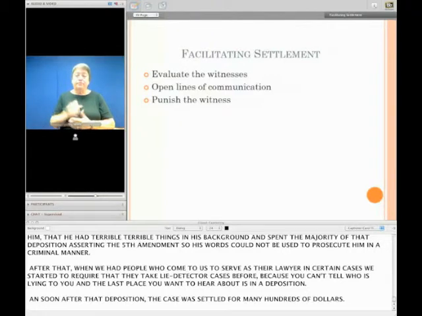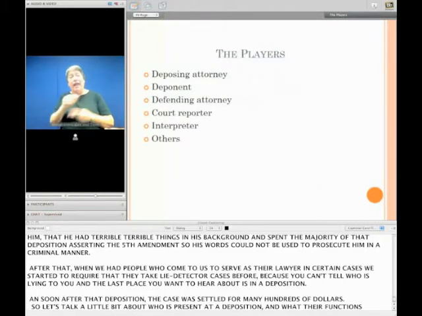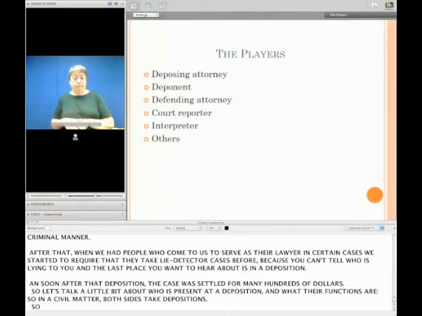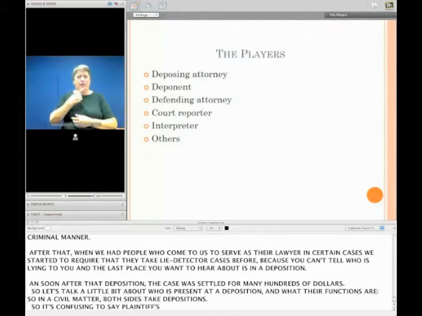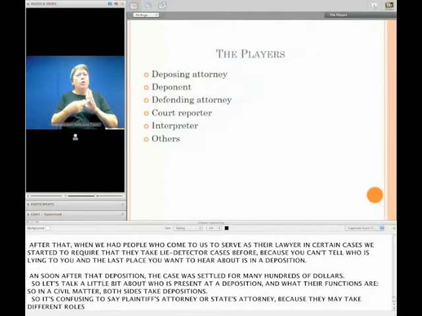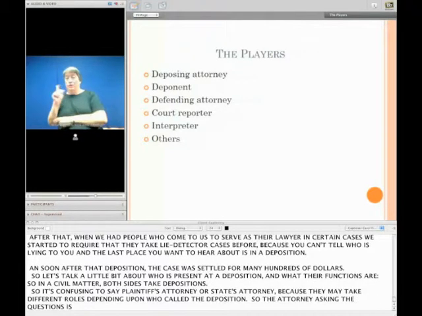So let's talk a little bit about who is present at a deposition and what their functions are. In a civil matter, both sides take depositions. So it's confusing to say plaintiff's attorney or defense attorney because they may take different roles depending upon who called the deposition. The attorney asking the questions is called the deposing attorney.